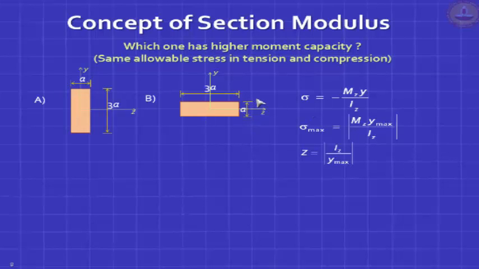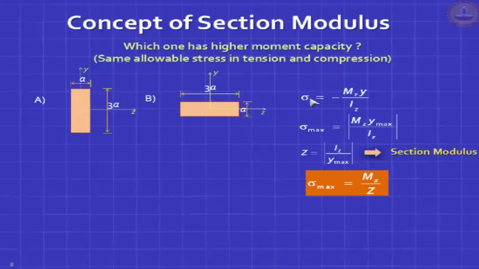Now for a symmetric section like this, y max is half the overall depth, 3A by 2. So this property I by y max has the units of millimeter cubed. This is called the section modulus. Sigma max is M by Z. Very easy to remember.